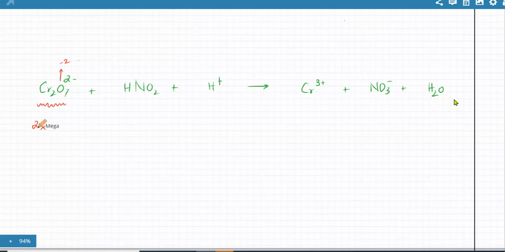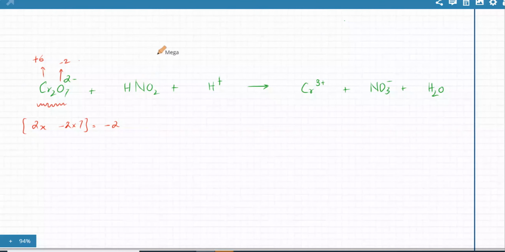So the two Crs, there's 7 oxygens, so that's -2 times 7. And the total charge must be equal to -2 because it's an ion. So if you solve this, x would come out to be equal to plus 6. So that means one of the Crs is plus 6.